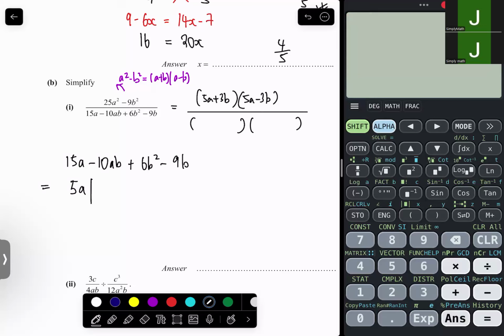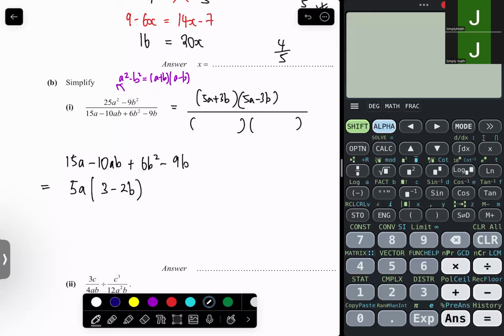Taking out 5a, I will be left with 3 minus 2b. Sorry, 3 minus 2b. Then here I also want to achieve 3 minus 2b.